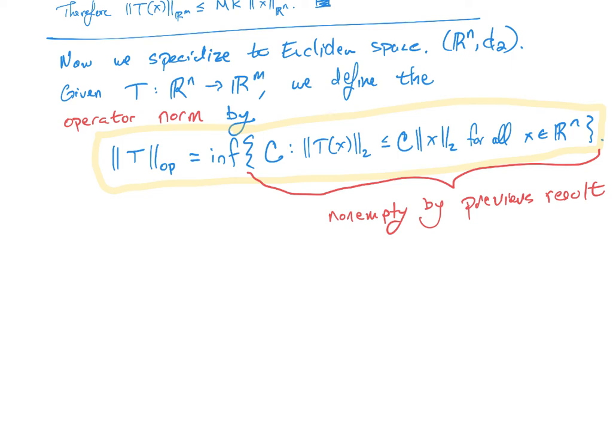Now, to take an infimum, we need a couple conditions. What's the other one? Bounded from below. Yeah, we need bounded below. We have 0, right? Yep, we have 0.